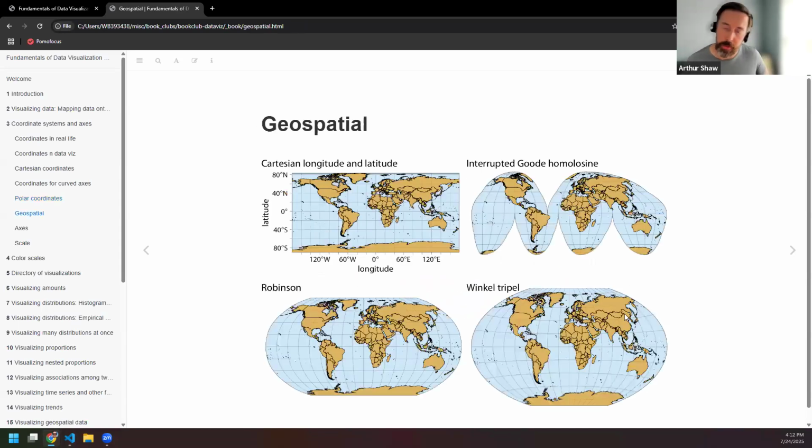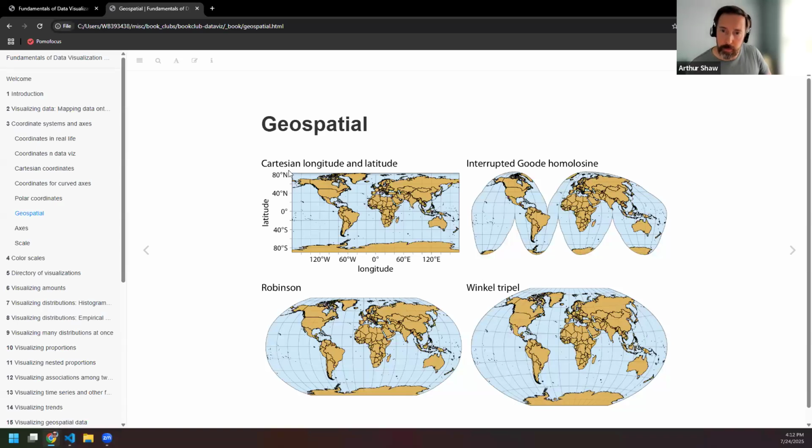Another example of these types of coordinates would be geospatial coordinates. If we were dealing with longitude and latitude, a position of something on the globe, then we could have different coordinate systems to represent that. And there are several available for people creating maps.